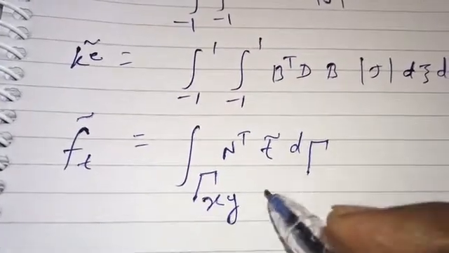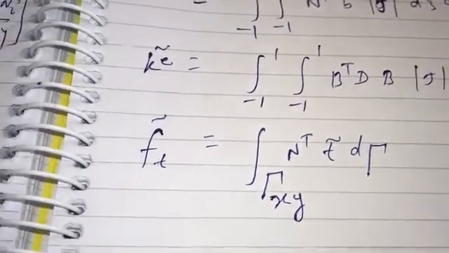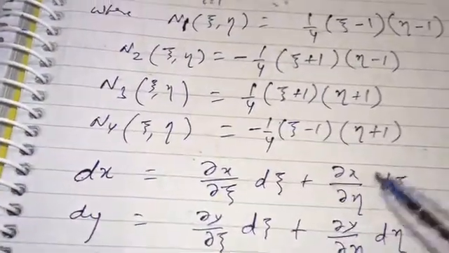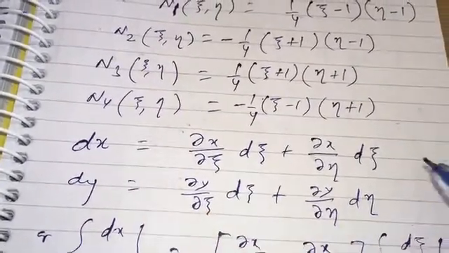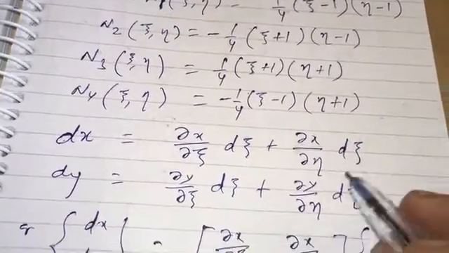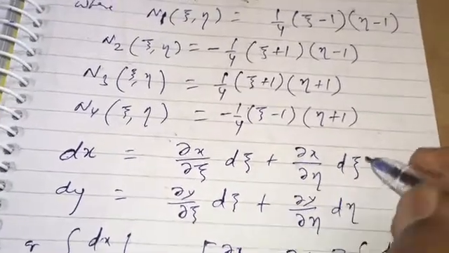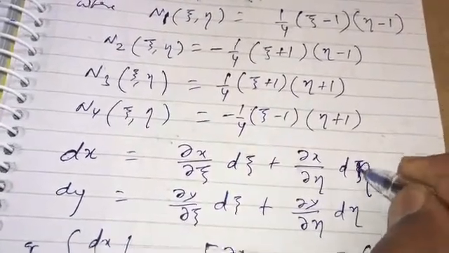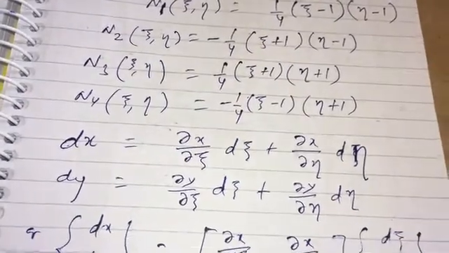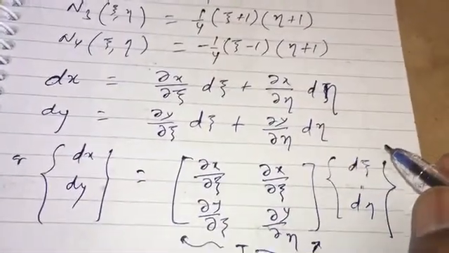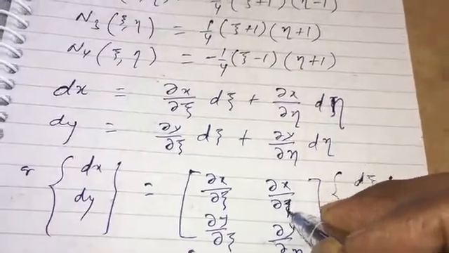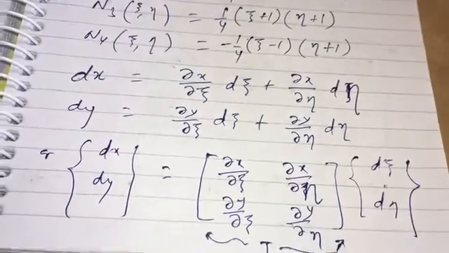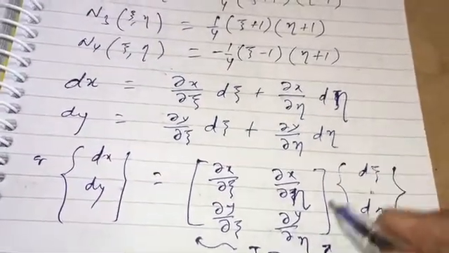To convert from the xy system to the xi eta system, we have to use the original equation between the xy system and the xi eta system. So here, pardon me, this has to be d eta here, and here this has to be x, like this. Okay, please note the corrections here.